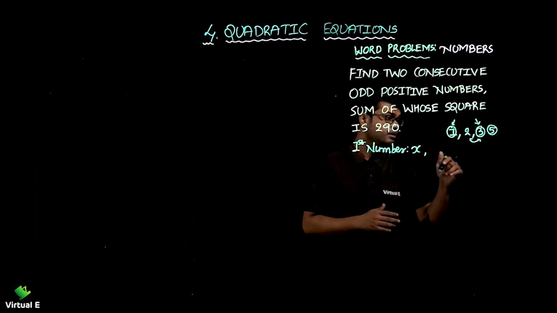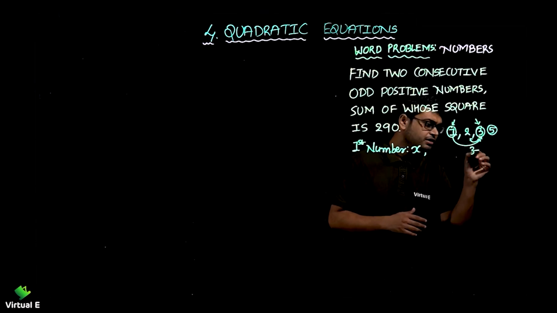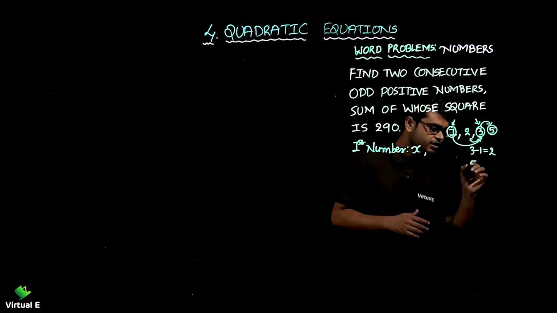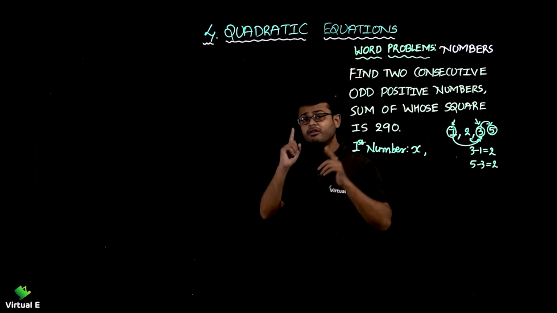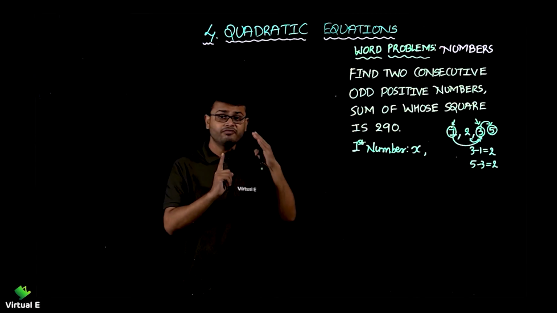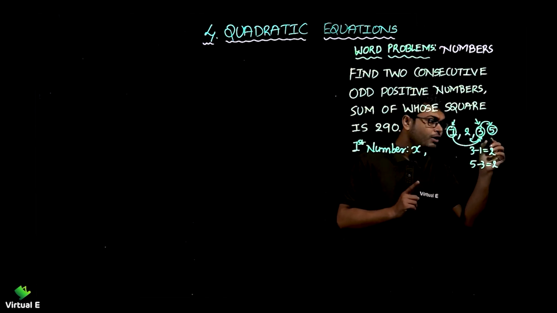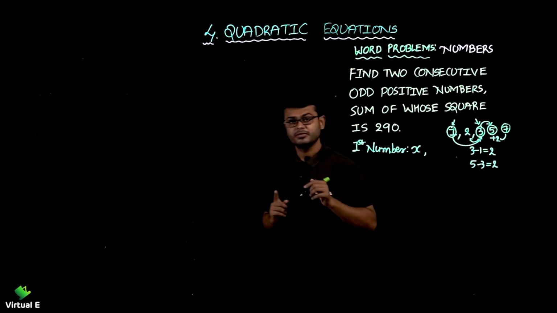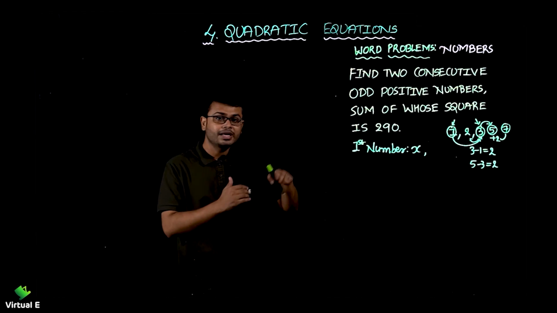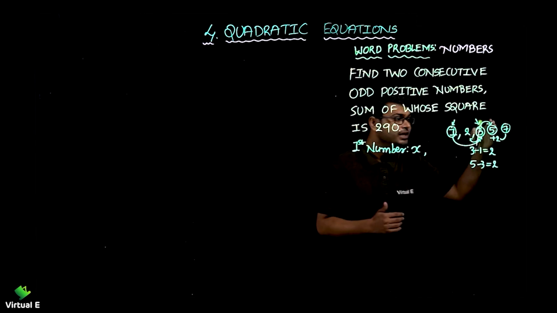So 1 and 3: 3 minus 1 is 2, and 5 minus 3 is also 2. So if you have one odd number and you want the next odd number, you add 2 to it. You can keep getting the numbers if you keep adding 2.